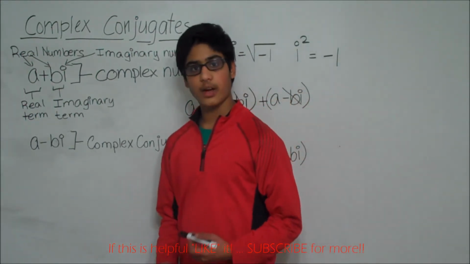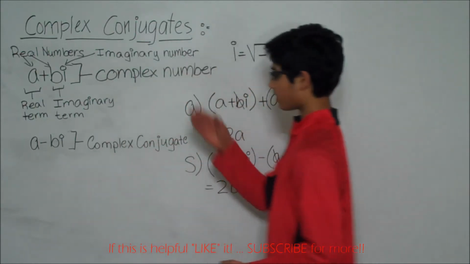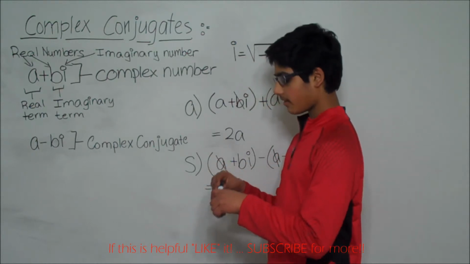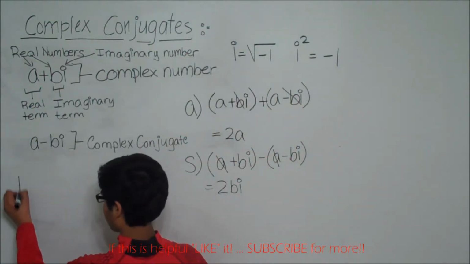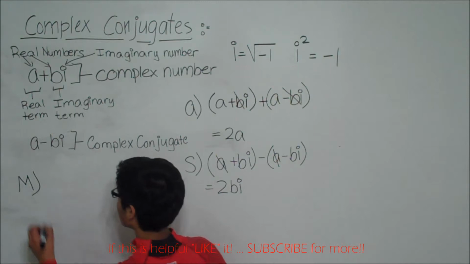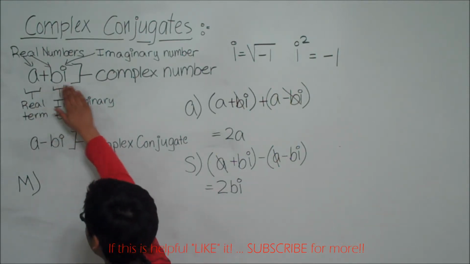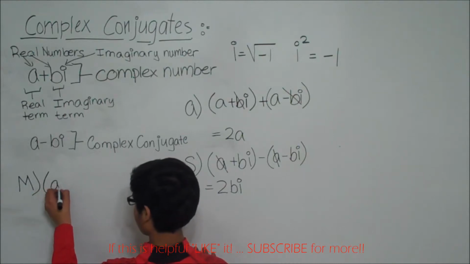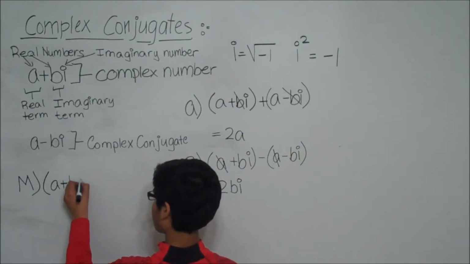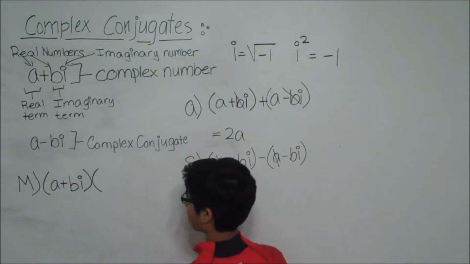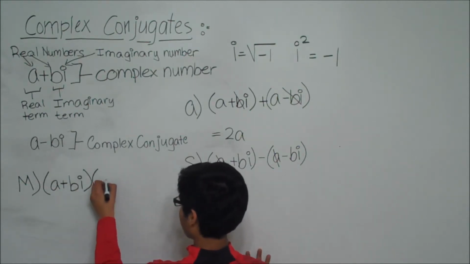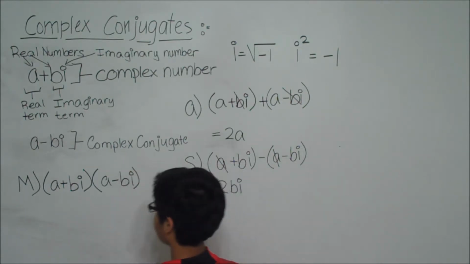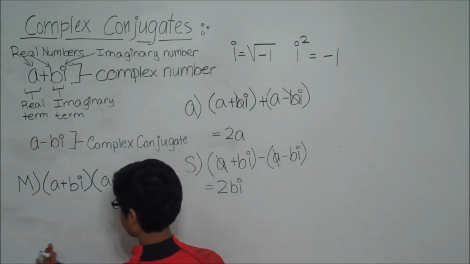Now let's see what happens when you multiply the complex number with the complex conjugate. We have a plus bi, which is a complex number, times a minus bi, which is a complex conjugate.